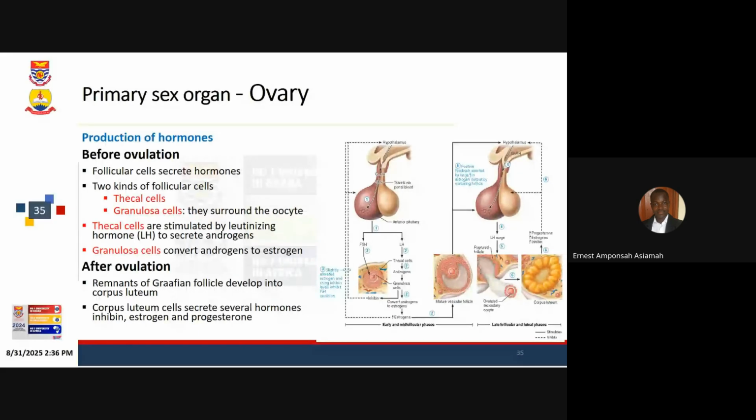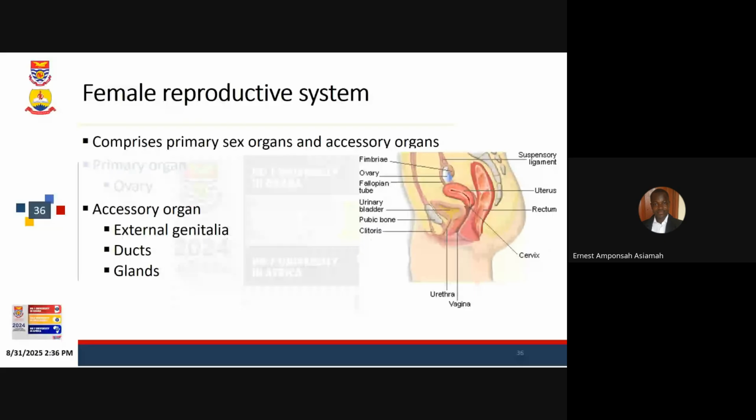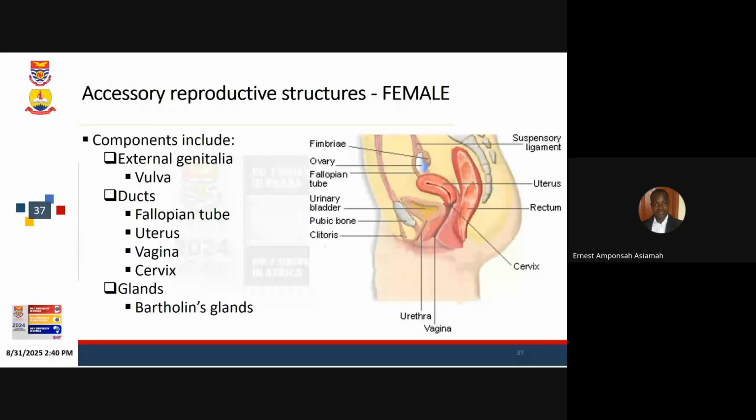Okay, so I want us to look at the accessory organs. We look at the external genitalia, the ducts, and the glands. We have the vulva, we have the ducts, which are the fallopian tube, the uterus, the vagina, the cervix.